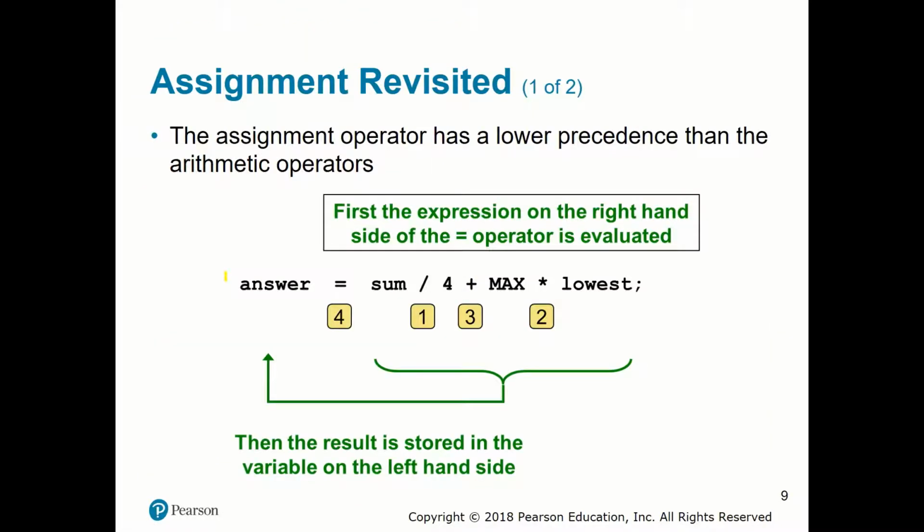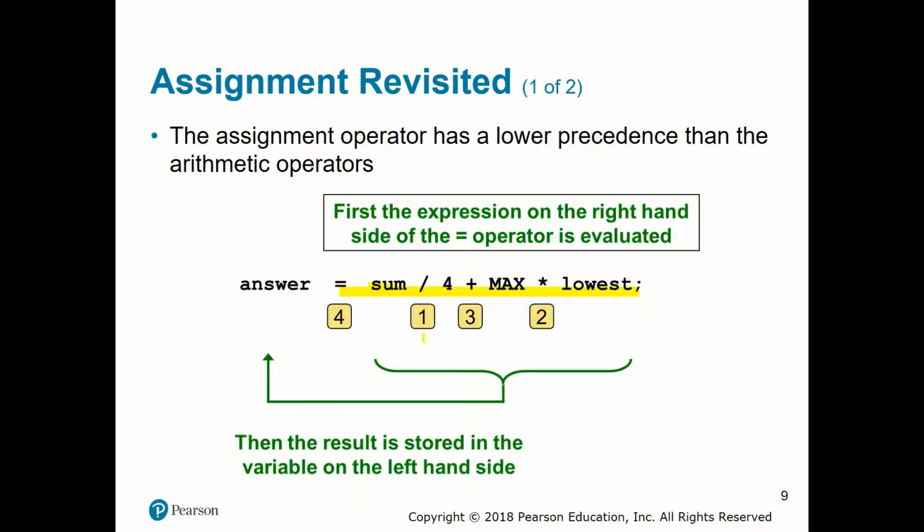Let's see a little bit more detail of the assignment operator. The assignment operator has a lower precedence than the arithmetic operators. So in this expression, first, the expression on the right-hand side of the equal operator is evaluated, and then the result is stored in the variable on the left-hand side.